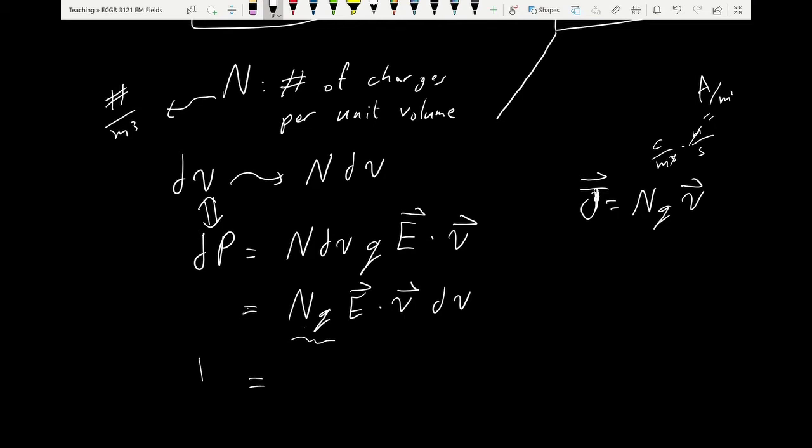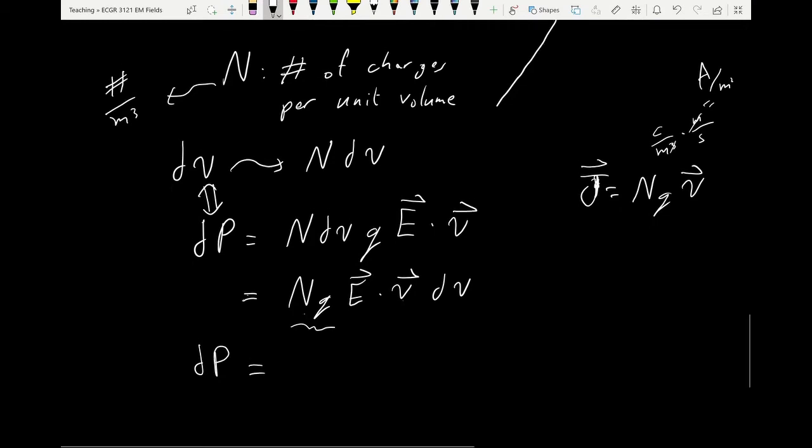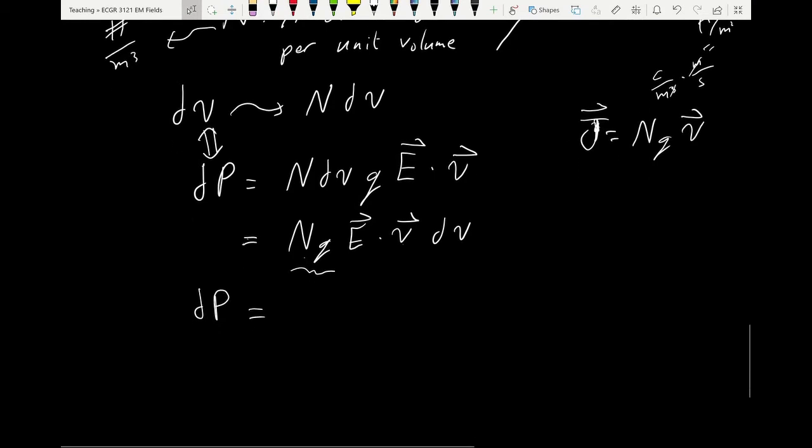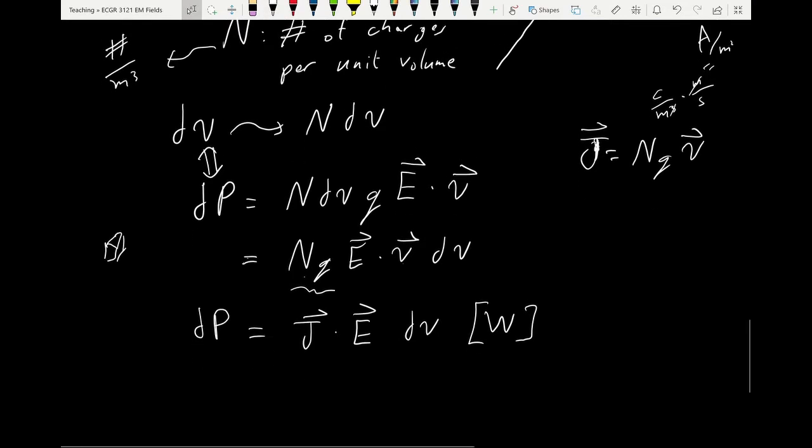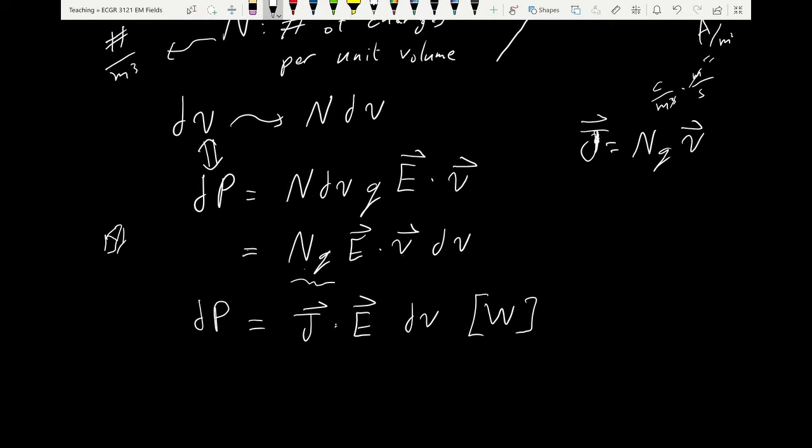So that tells me that the power dissipated in this small differential volume of space is J dot E dV, in watts.